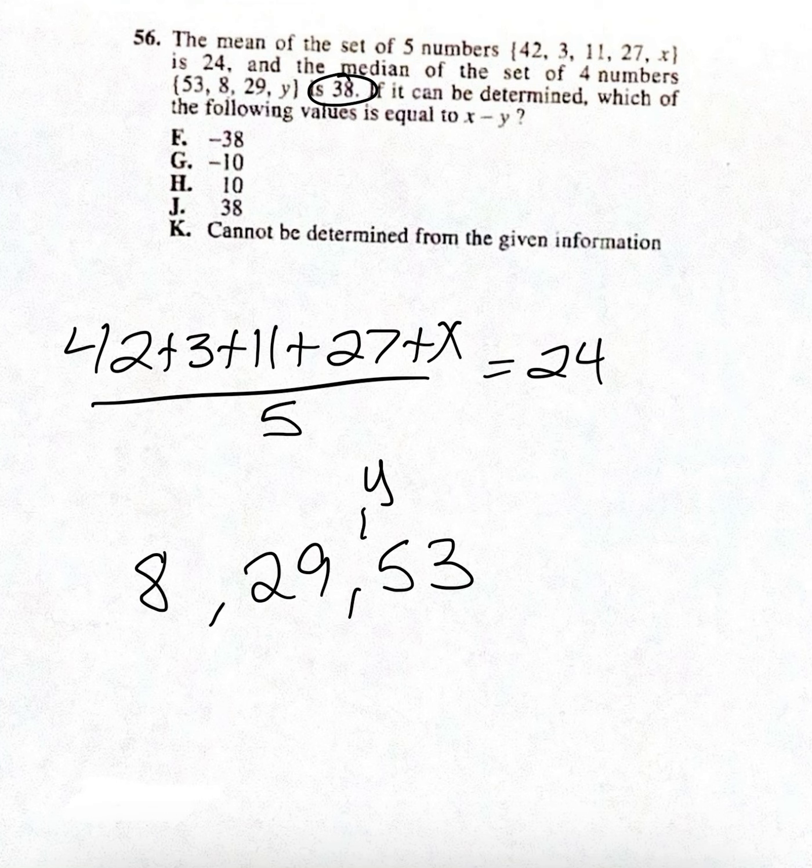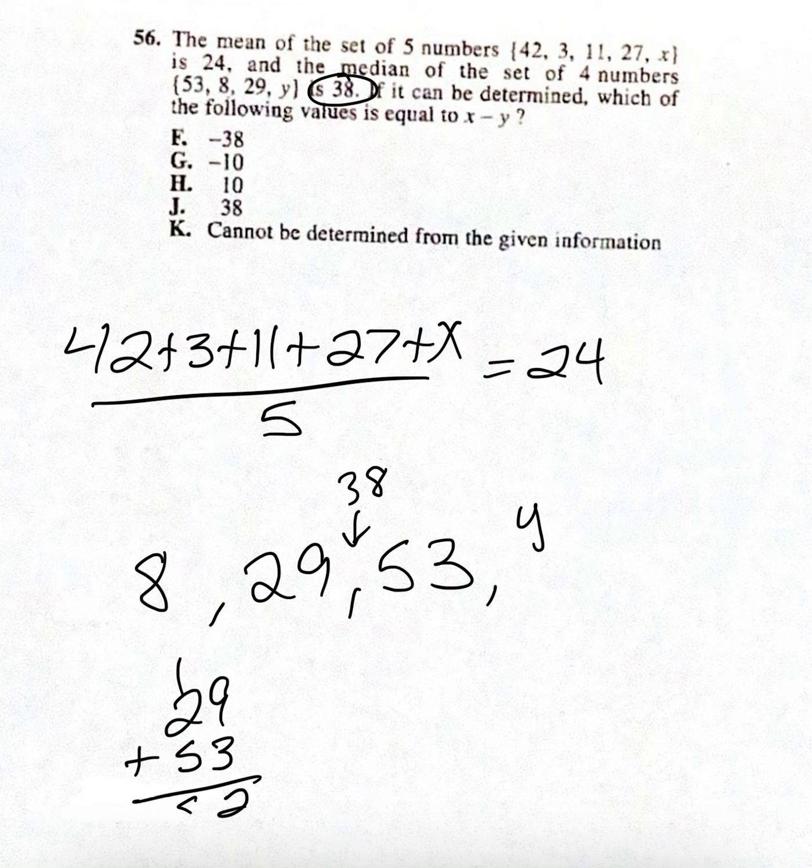Could y go here in between 29 and 53? That's very possible. 38 would be in between 29 and 53. But could y go at the end as well? I think that's very possible as well. But if it was at the end, then 38 would have to be the median, the average of 29 and 53. Well, what is the average of 29 and 53? If we add them together, we get 82.